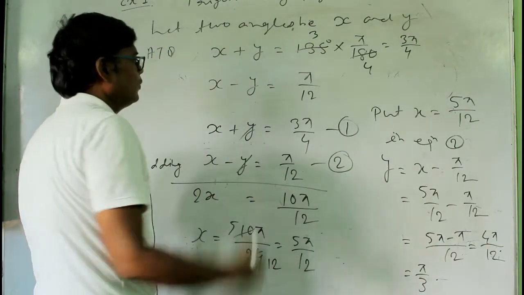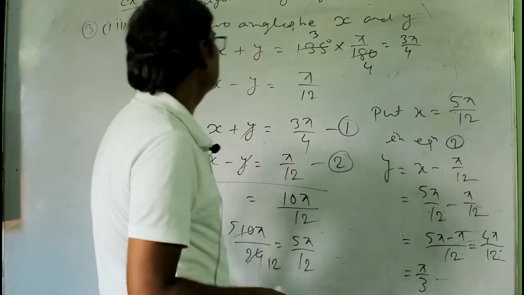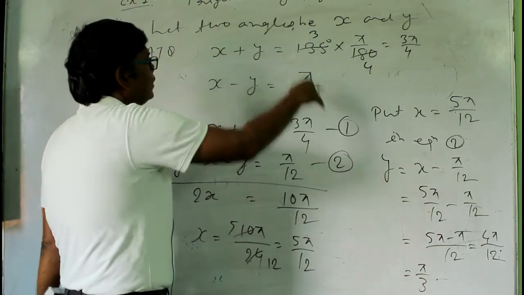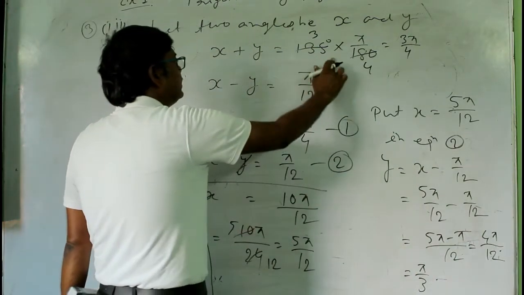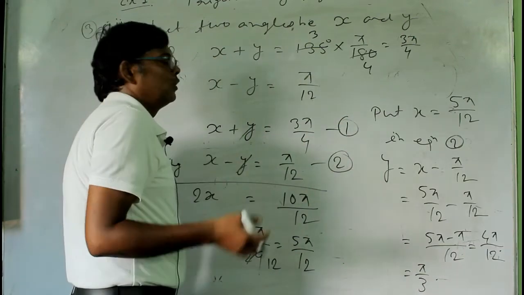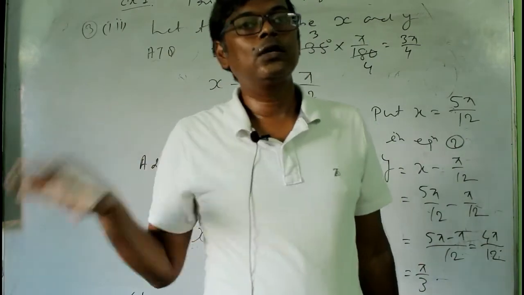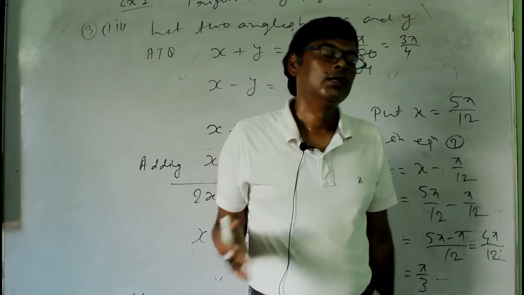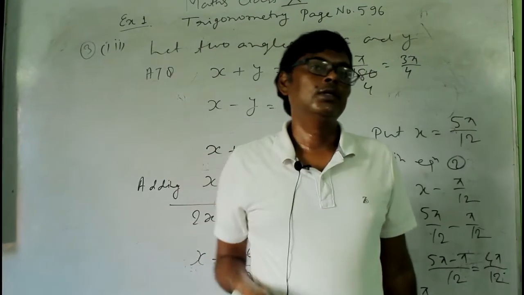Okay, so here we have found the value of the two angles in radians, and here I have converted x plus y equal to 135 into radians. You can also leave this in degree and then solve, then you will find the value of x and y in degrees, and then at the end of finding the value of x and y, you can convert the values from degrees into radians.